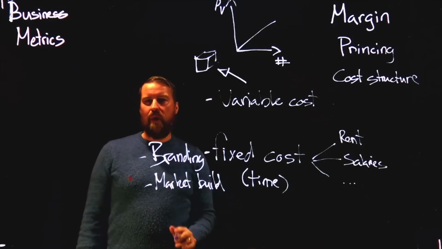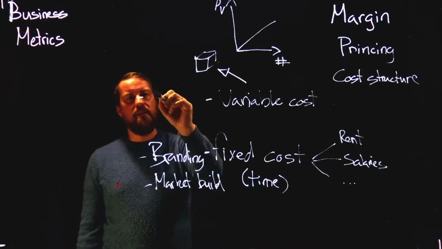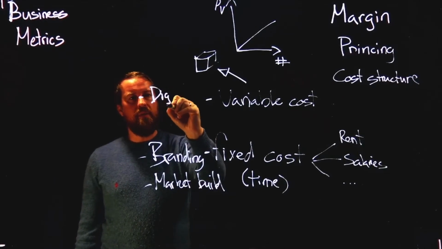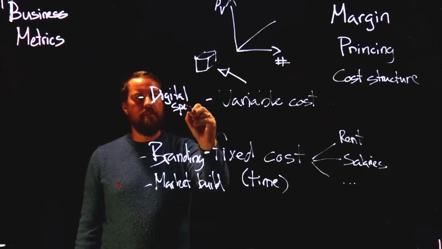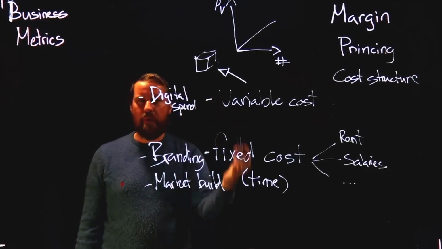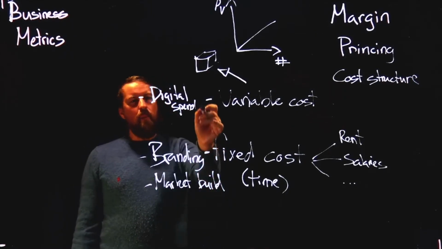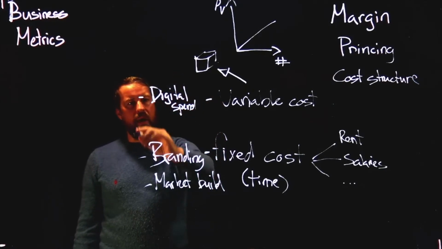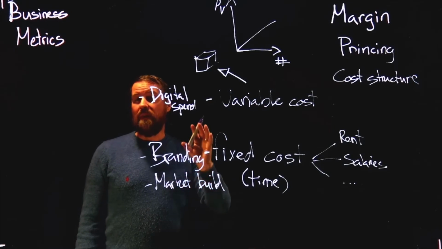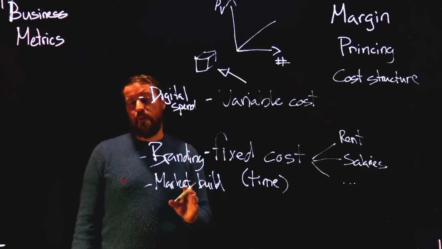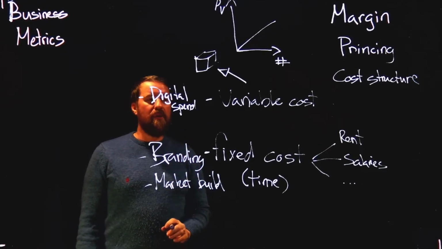Our variable costs is then often what we try at least to do the digital spend, our AdWords and those kind of things. Because we want to have our marketing spend in the variable version as big as possible, because there we tie it directly to sales. All right, that's it about our cost structure.